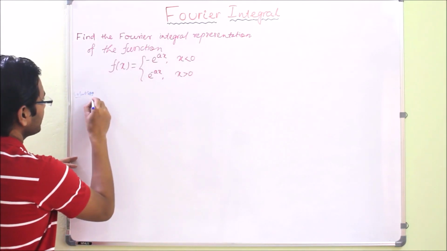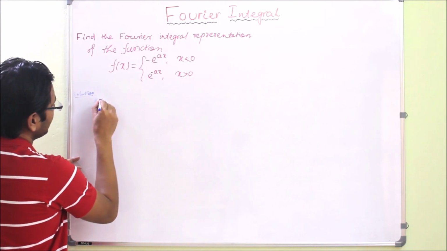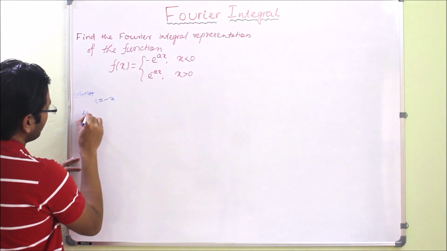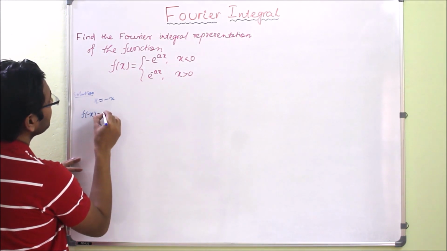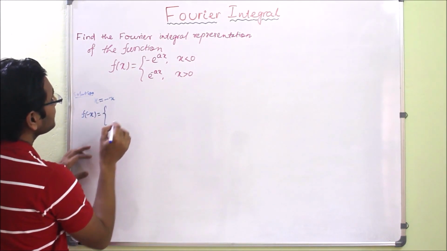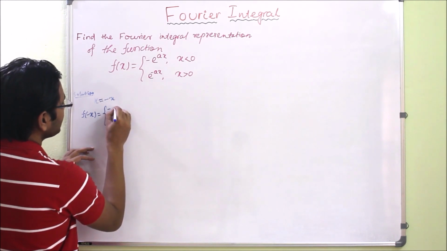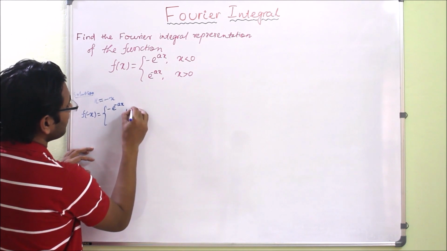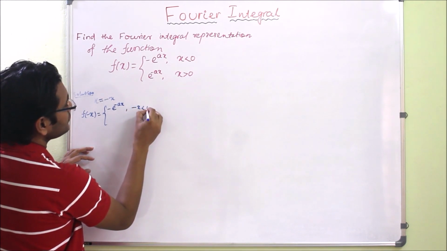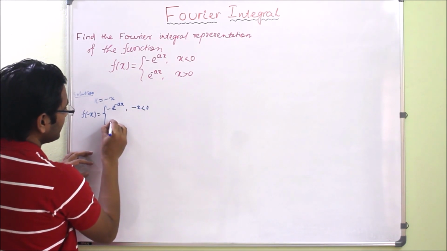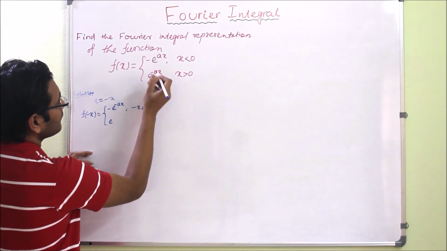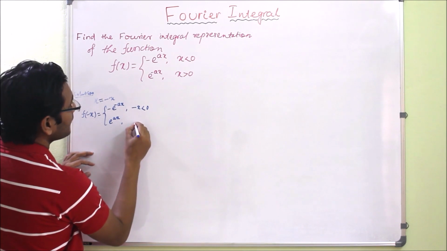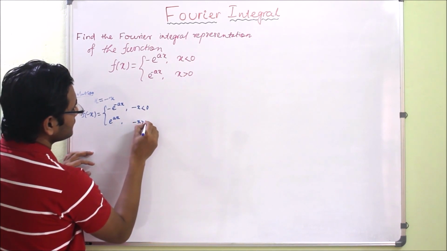So how to check? Take x equal to minus x, then f of minus x will be minus e to the power minus ax when minus x is less than 0, and e to the power minus of minus x, that is e to the power ax, when minus x is greater than 0.